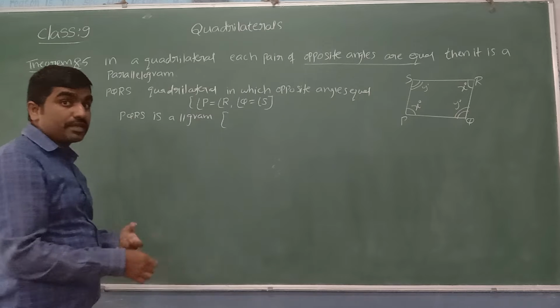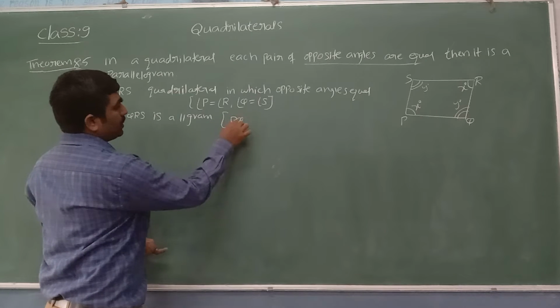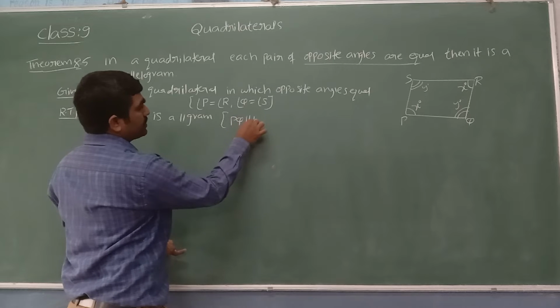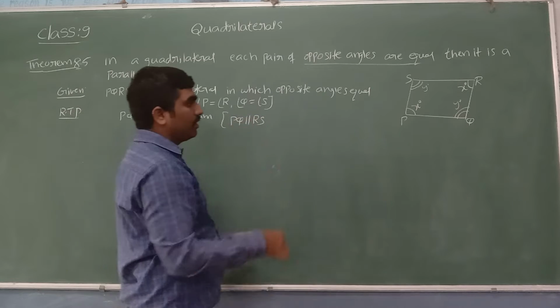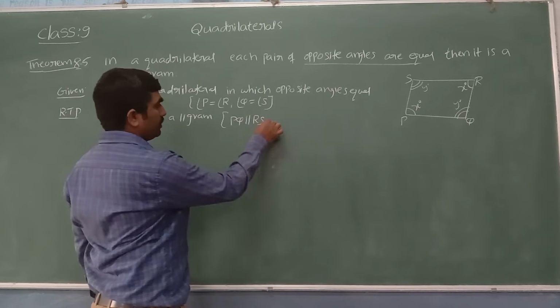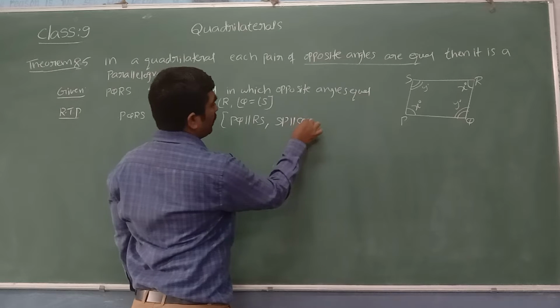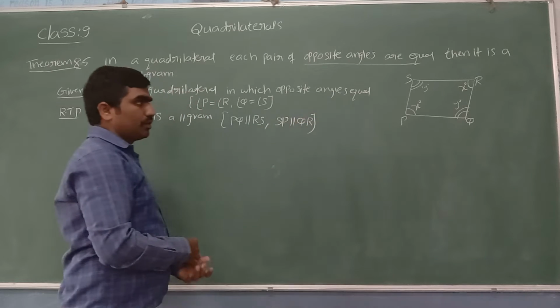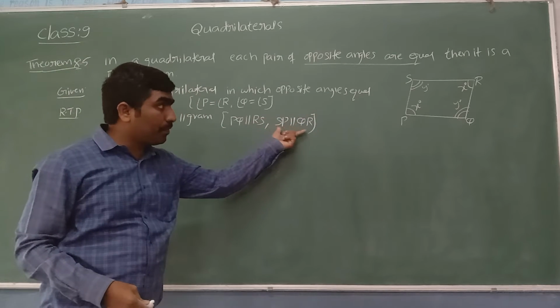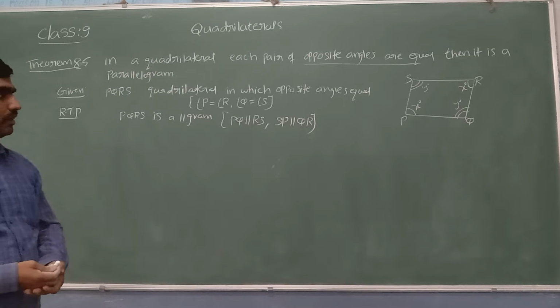When it has two pairs of opposite sides parallel. That means we have to show that PQ is parallel to SR, and SP is parallel to QR. We have to show that two pairs of opposite sides are parallel. Then we can say that it is a parallelogram.